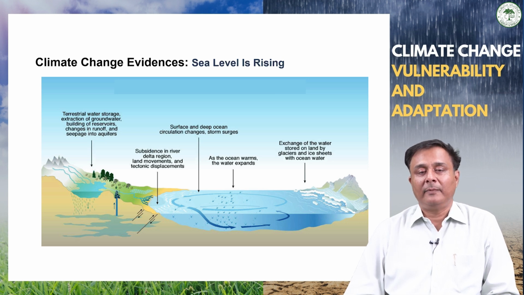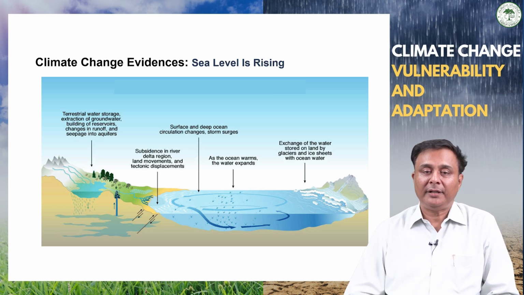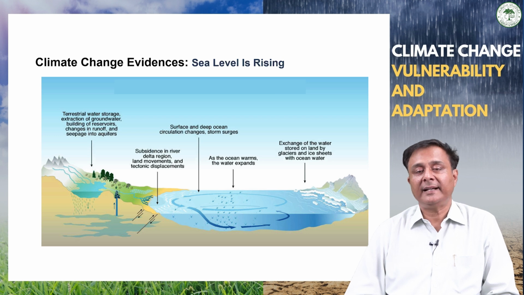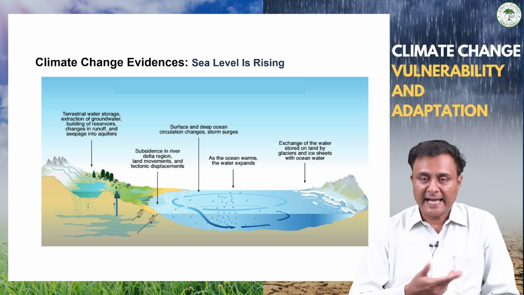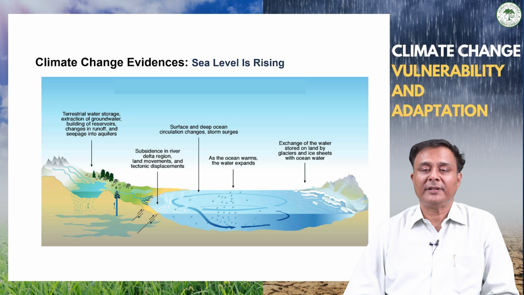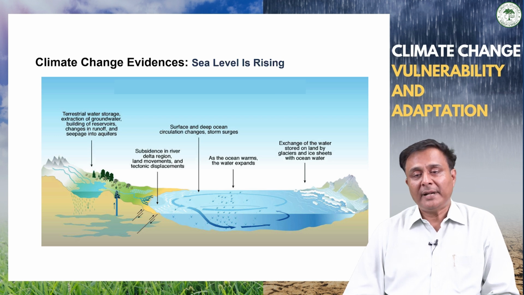But the second mechanism, which I was pointing to in my previous slide, is the melting of ice over the land as well as over the mountains. When they melt, they add water into the ocean, and we have seen a very alarming rate of melting of glaciers.